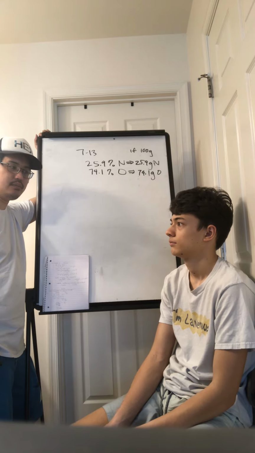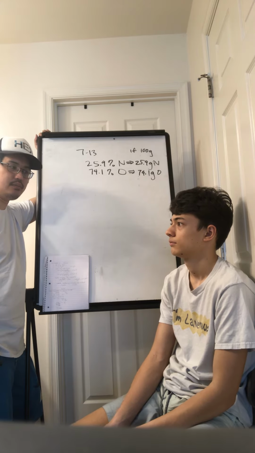So if we had 100 grams, we would have 25.9 grams of nitrogen. And in order to convert that, I would need that number down there. For every 1 mole of nitrogen, it has a mass of what? 14. So do I put grams on the bottom or grams on top? On the bottom, to cancel out with this grams. 14.0 grams of nitrogen for every 1 mole of nitrogen.